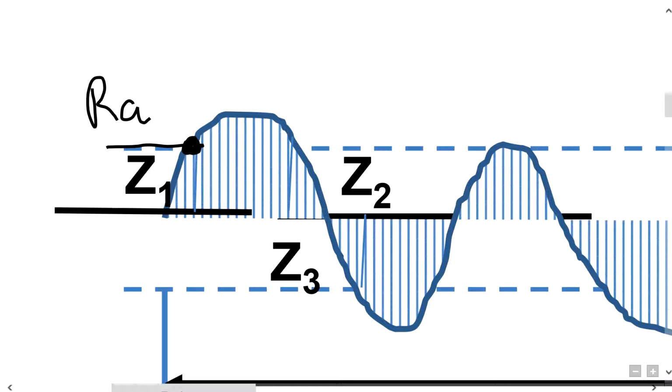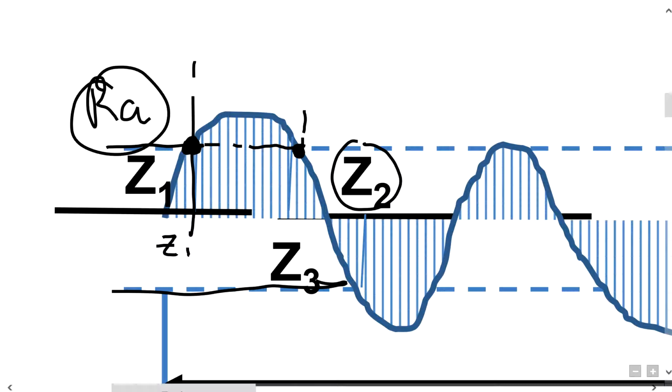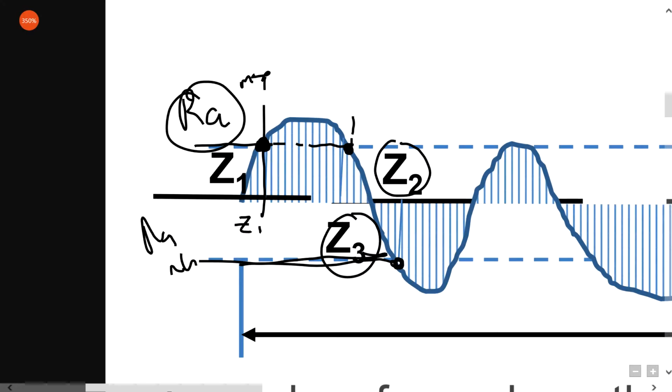So when it touches here, this is where your Z1 comes in. And then the second time when it reaches here, this is your Z2. And then after that, if this is the Ra max, I should say, this is the Ra minimum, I think. So over here, when this line hits here, this is called Z3. And this is how they define the Z.